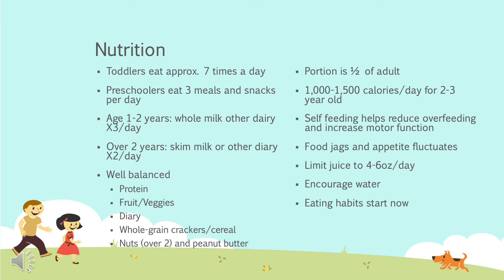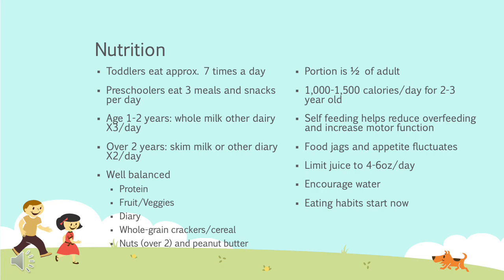But nuts are great because they have protein, but not under age 2. Some even say age 3. And peanut butter is a great way to get around that, so they still have the nutritional value, but it's a safe way to consume it.